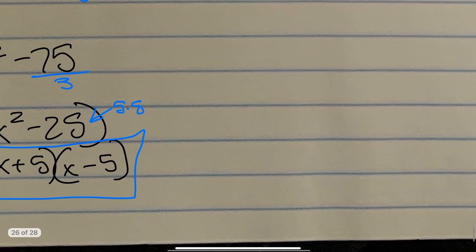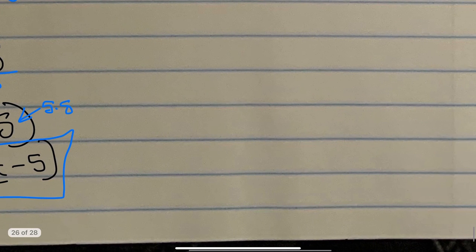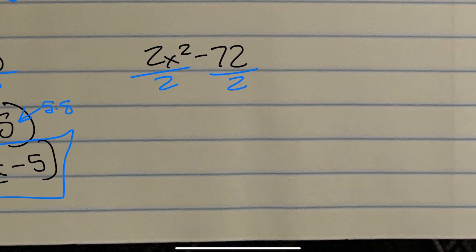So let's try another one. Let's do 2x squared minus 72. Okay, so I know that 2 is not a perfect square. I also know 72 is not a perfect square. So that means we have to take out that GCF. Usually, like I said, it's going to be that first number. So divide that out of both pieces. I am going to have an x squared again. And then 72 divided by 2 is going to be 36.